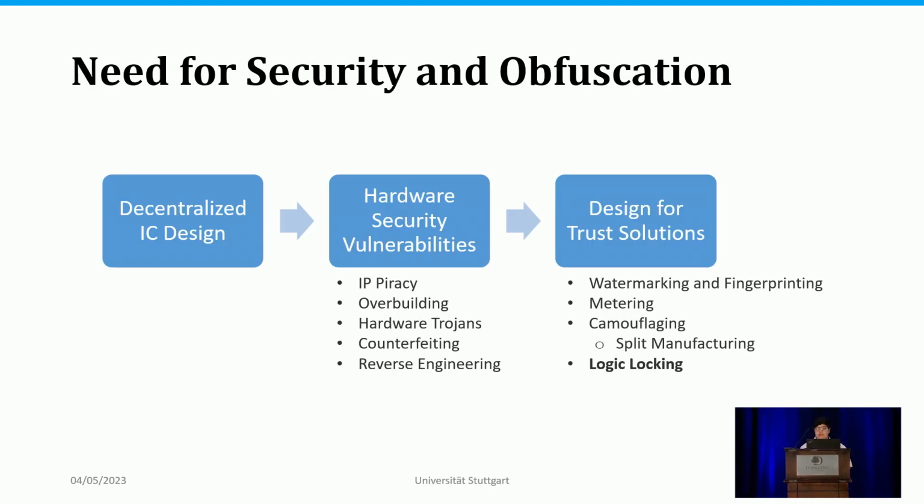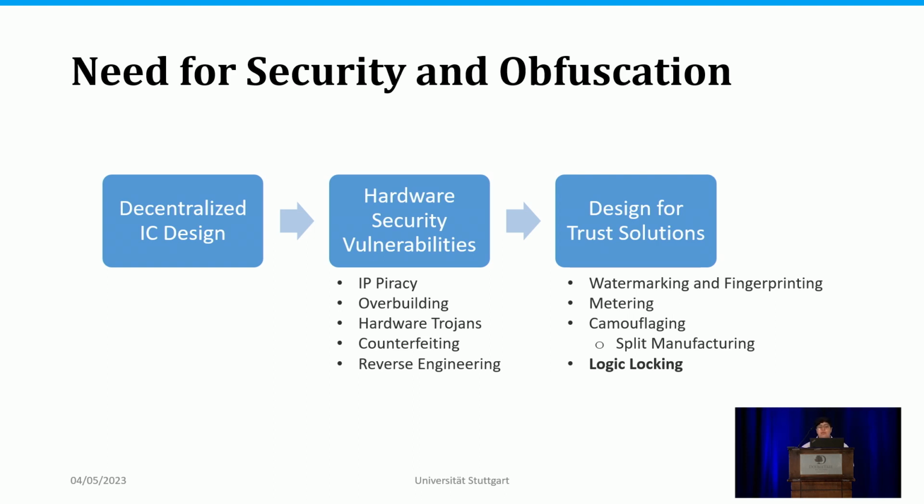The demand for security and privacy of sensitive data that travels between different devices has been becoming more and more important, and our cryptographic primitives provide exactly that. On the other hand, as we have seen quite extensively in the last couple of days, the decentralization of IC design has led to many more opportunities for different threat vectors.